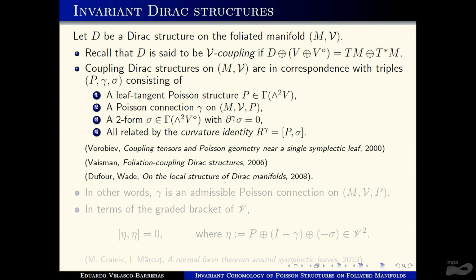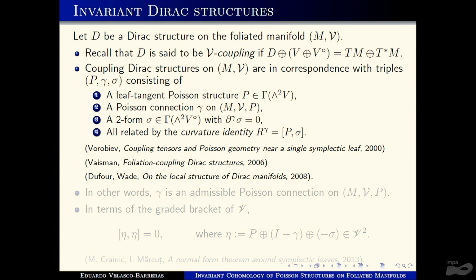This characterization has been presented in the context of Poisson structures around symplectic leaves, also by Wade in the case of Dirac structures on foliated manifolds, and also by Dufour and Wade while studying the local structure of Dirac manifolds.